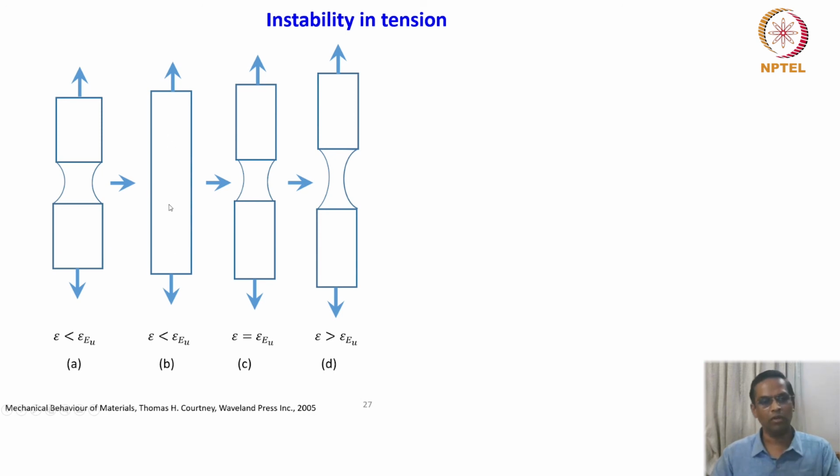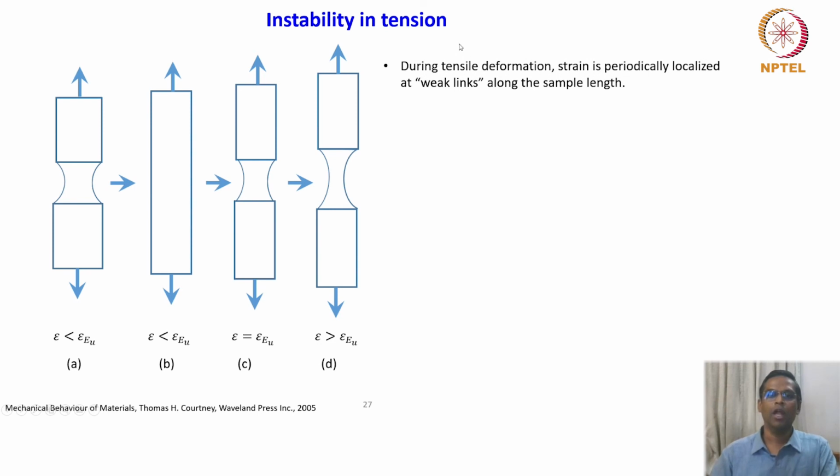So what is the physics we are trying to explain here? During tensile deformation, strain is periodically localized at weak links. When we say weak links here, it means the diameter in the gauge length is much smaller as compared to the shoulder portion.